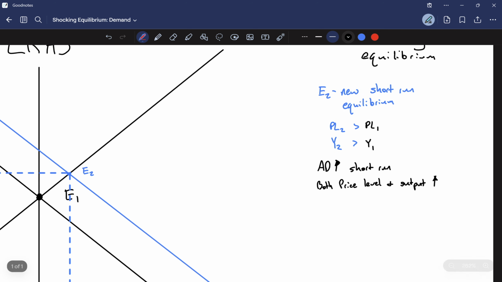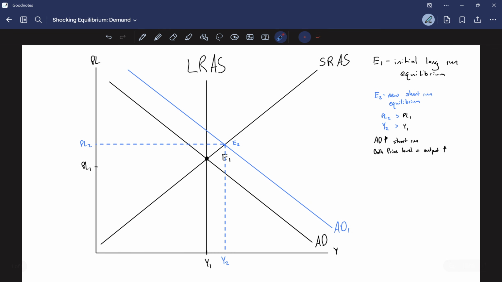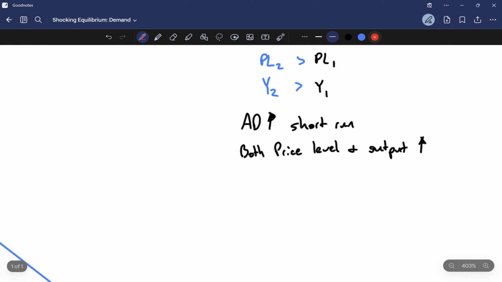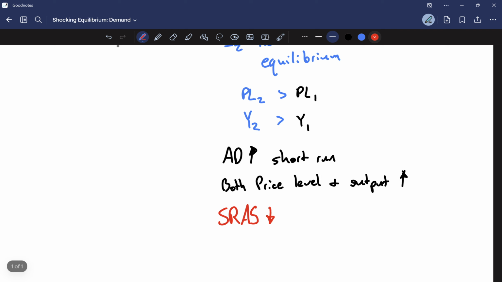However, we're not done. In response to the increase in aggregate demand that we see here, the short run aggregate supply curve is going to shift up, which is to the left.